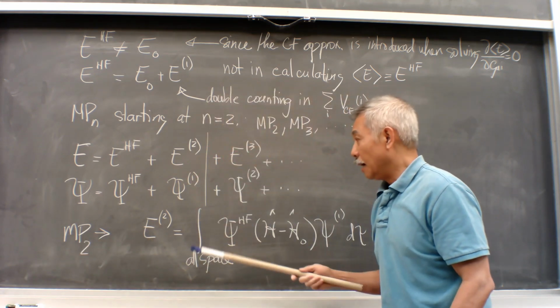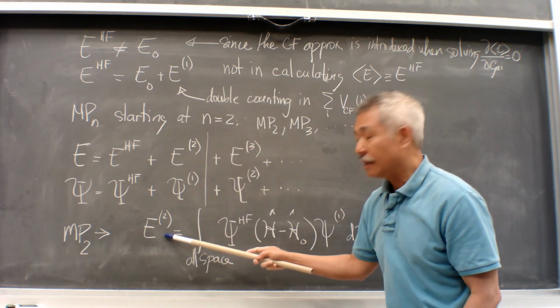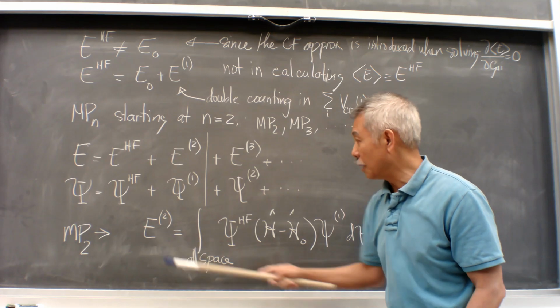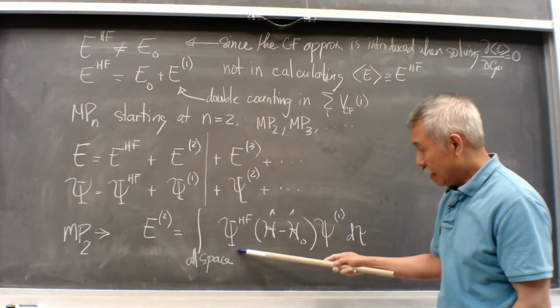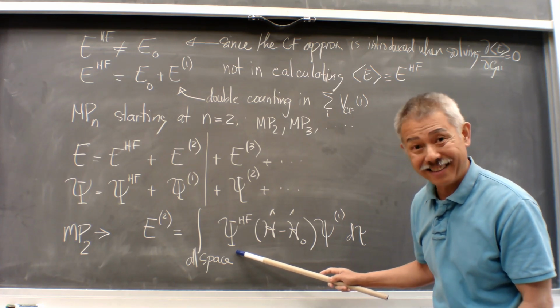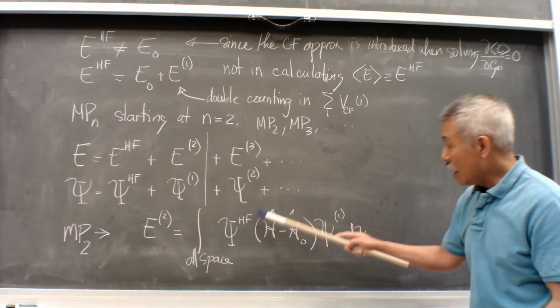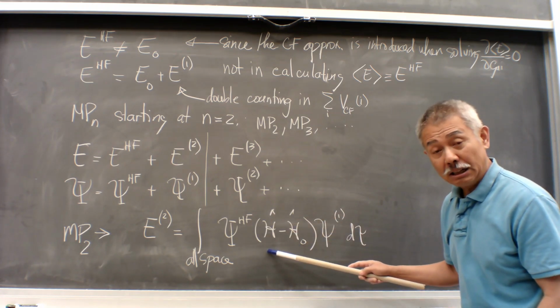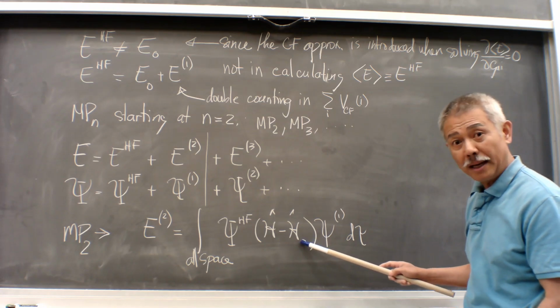All right. So for example, at MP2, we can calculate the second-order energy correction by a formula involving integrals of the Hartree-Fock wave functions we solved from Hartree-Fock. The error is the difference between the real Hamiltonian and the approximate Hamiltonian.